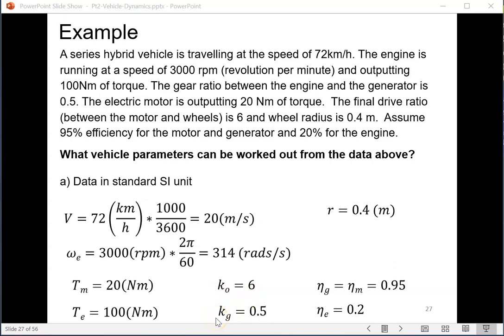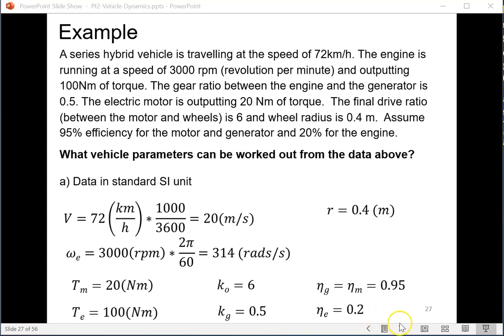Kg is the gear ratio between the engine and the generator, that's 0.5. The efficiencies are defined as eta G, the efficiency of the generator, which is 0.95, eta M, the efficiency of the motor, which is 0.95, and eta E, the efficiency of the engine, which is 0.2. These are all the parameters we know now. So we've got everything, and now we can actually do some calculations.